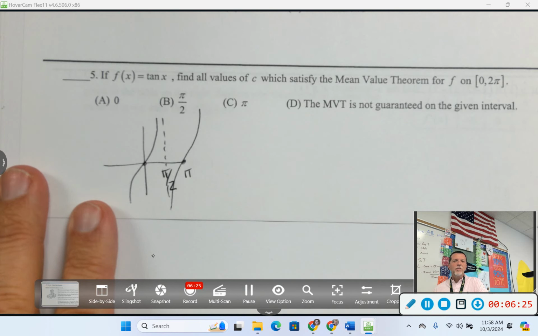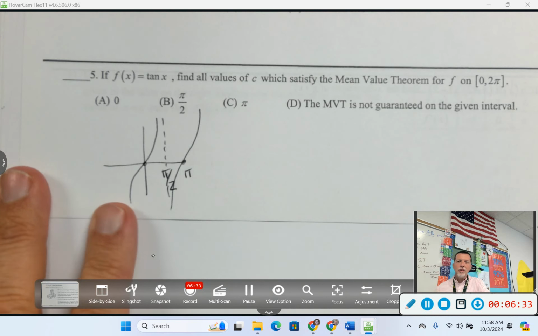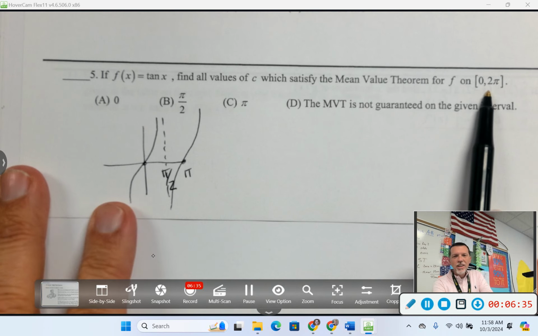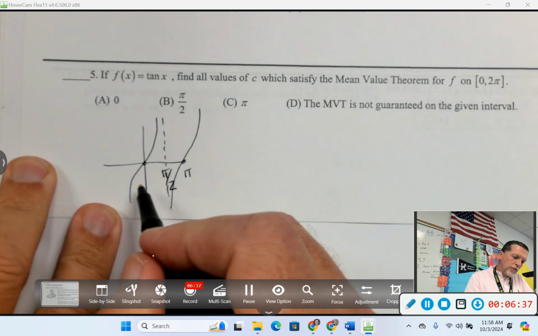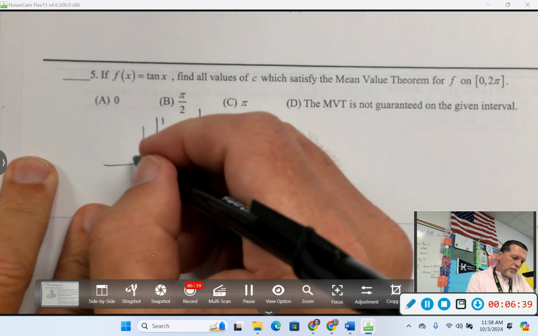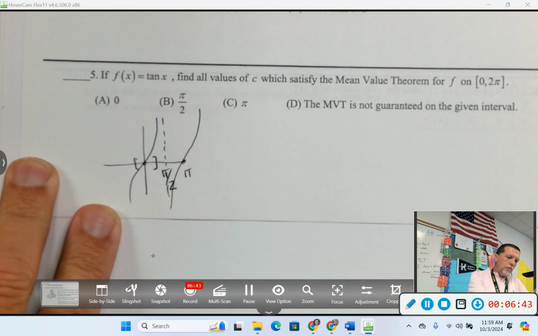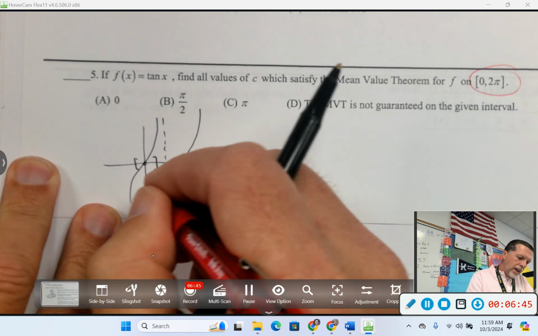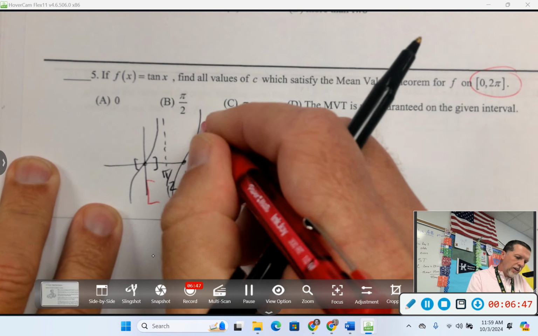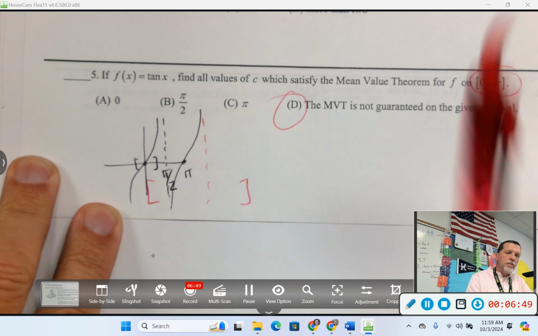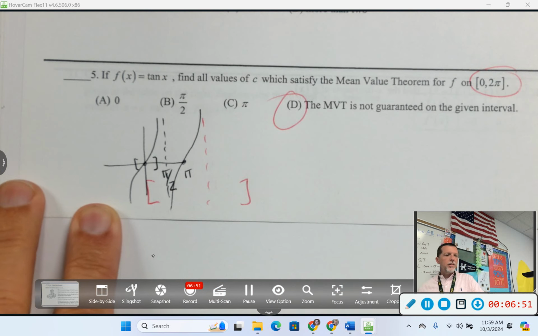What's the answer to number 5? Why does MVT not work? There's an asymptote in my interval, right? If they had given me an interval from like -pi/4 to pi/4, then it would work. But they wanted to go from 0 to 2 pi. So yeah, you're going to have another asymptote in there too. So that one's out. We like those.